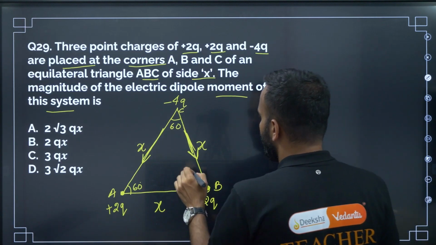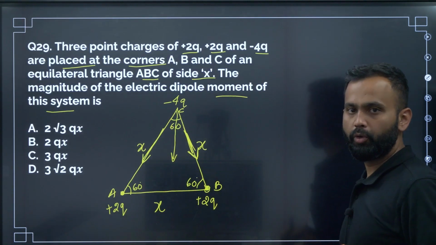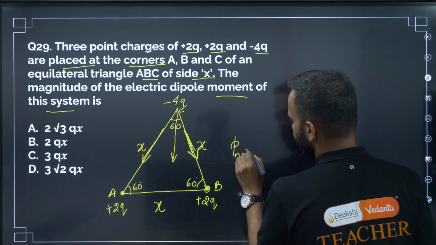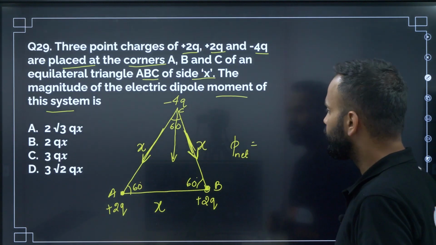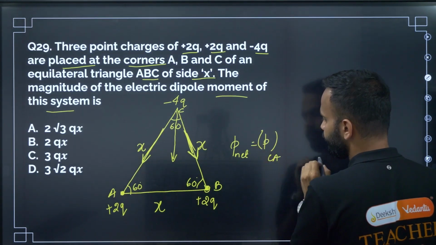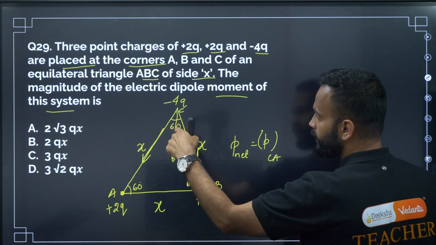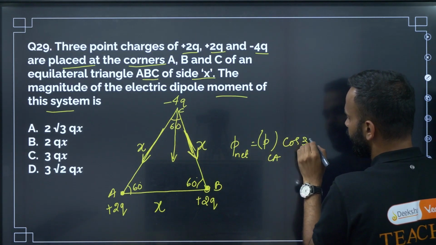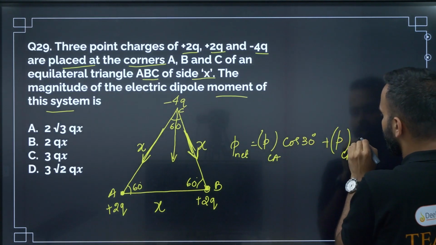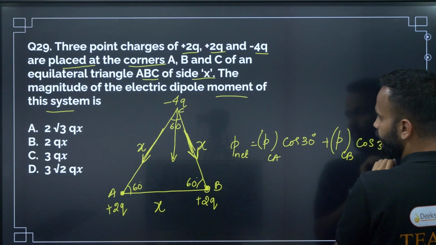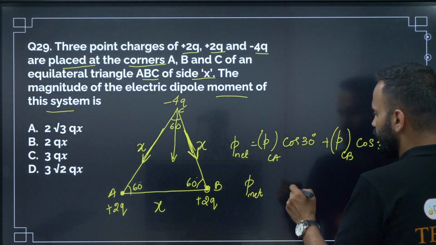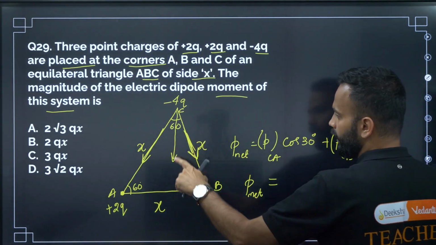Now the net electric dipole moment is equal to P along CA into cos 30 degree plus dipole moment P along CB cos 30 degree. In magnitude, it is the same along CA and CB.